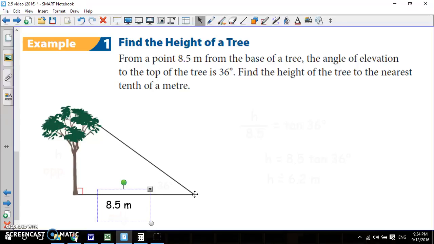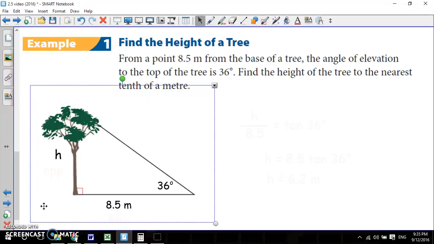And from this point, there is an angle of elevation, so we are looking up to the top of the tree, so we know this angle is 36 degrees. And we are looking for the height of the tree, therefore we should define a variable for the height of the tree. We will use h in this case.